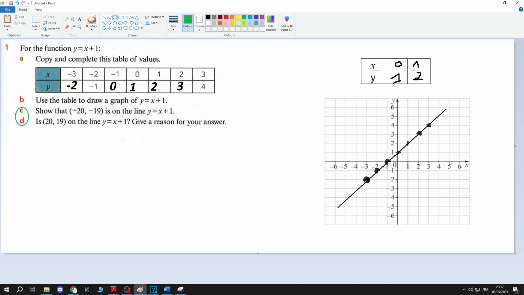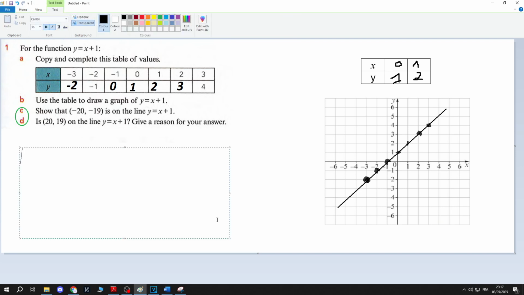Now, a lot of you might have jumped to saying, what if I just plot the point -20, -19 on my graph and see if it's part of the line when I extend it with a ruler? But the problem here is you would have to go all the way over here maybe to see -20 and all the way down to see -19. And you would probably not have enough space on your notebook, right?